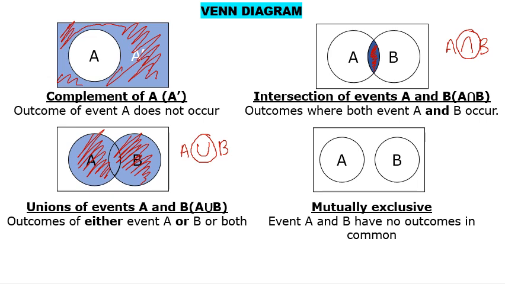A or B or both of A and B. So last one is mutually exclusive. Event A and B have no outcomes in common.